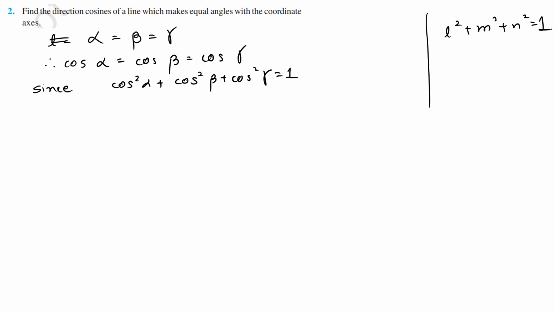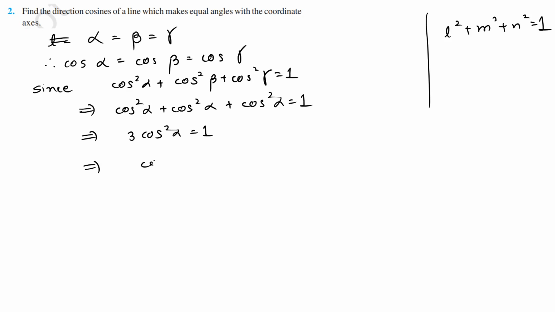Let's substitute everything in terms of cos alpha. So cos square alpha plus cos square alpha plus cos square alpha equals 1. It's 3 cos square alpha equal to 1. So cos alpha is equal to plus or minus 1 by root 3. All three are the same.